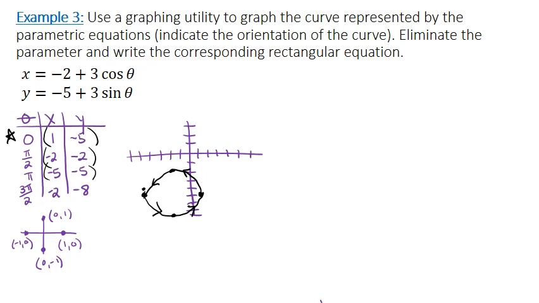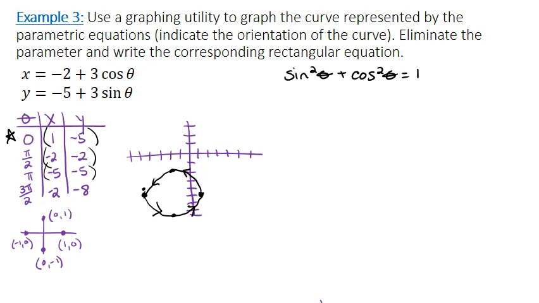Eliminating the parameter in the previous problem, we solved for t. Well, solving for theta is kind of tricky, and it will really complicate things. So instead, I am going to use a Pythagorean identity: sine squared of theta plus cosine squared of theta is equal to 1.